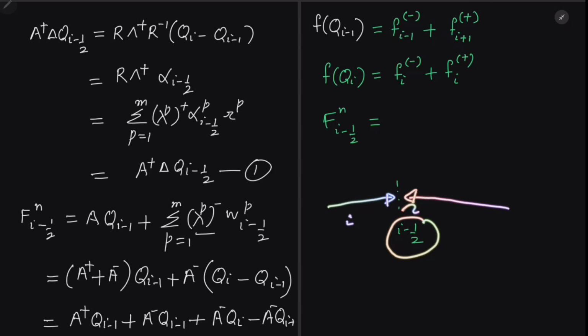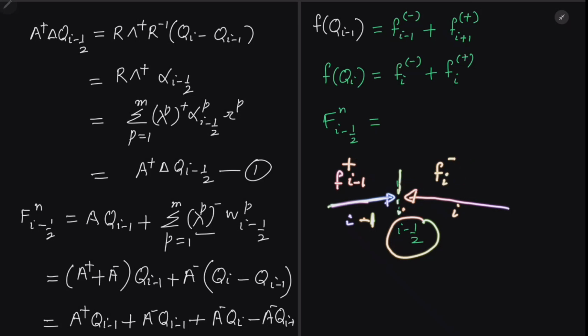I'm sorry, this is i minus 1. I should repeat this again. At i minus 1 half, the flux can enter from i minus 1, from the positive wave, and the flux from the negative at cell i.